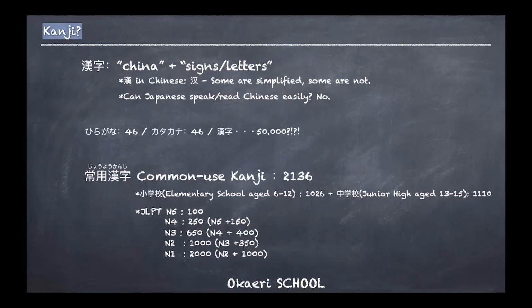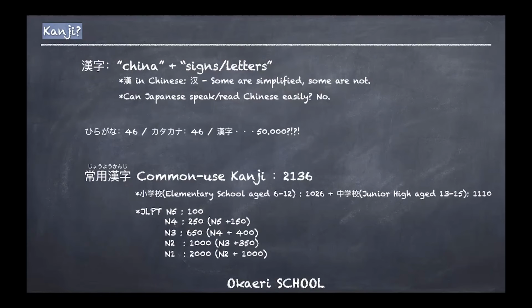We know the basic ideas, but sometimes it's amazingly different. So the answer is no. If you know some Chinese, sometimes it helps, sometimes it doesn't, and sometimes it makes it more confusing.